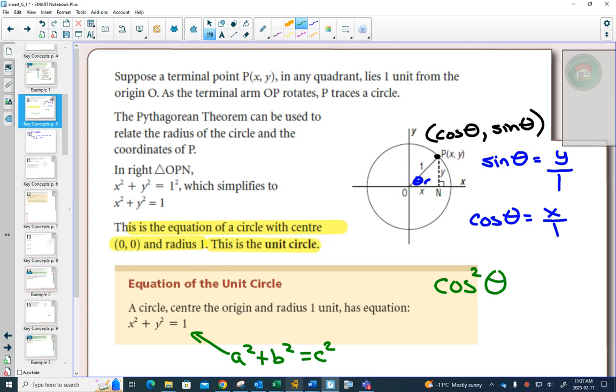And in mathematics, when we square cos, we put the 2 in between the s and the theta. Otherwise, we have to put brackets, and we don't like writing extra brackets. So if the x is cos and the y is sine, same thing with sine, we write the squared in between the n and the theta, equals 1. This is big idea number 2.